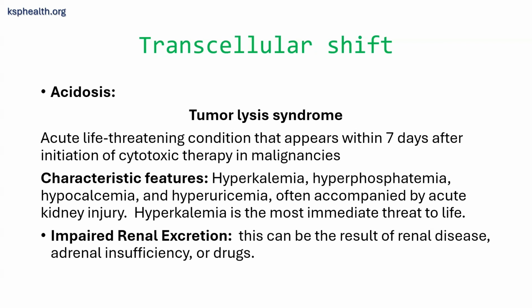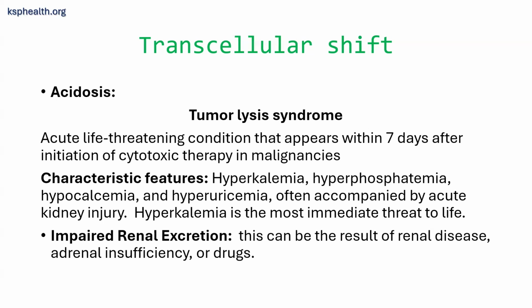The characteristic features of acute tumor lysis syndrome: hyperkalemia, hyperphosphatemia, hypocalcemia, and hyperuricemia. It's often accompanied by acute kidney injury. Hyperkalemia is an immediate threat to life, needs to be dealt with right away.